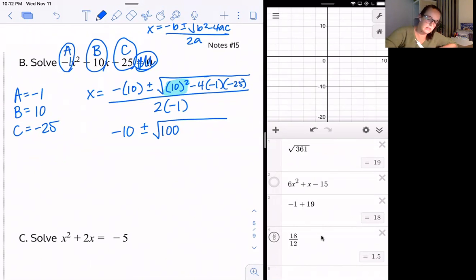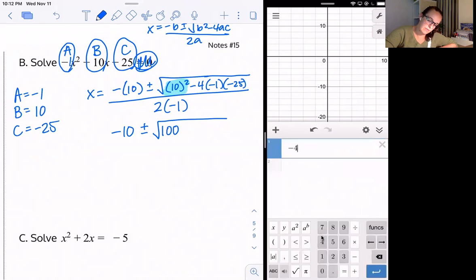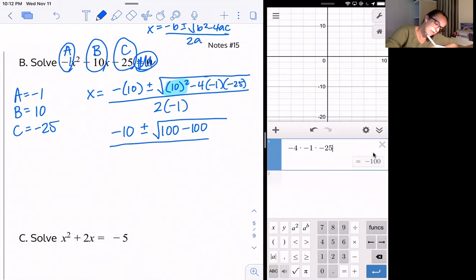So right here, let me clear my calculator real fast. Negative 4 times negative 1 times negative 25 is negative 100. So I'm going to go ahead and do a negative 100 over 2 times negative 1, which is negative 2.